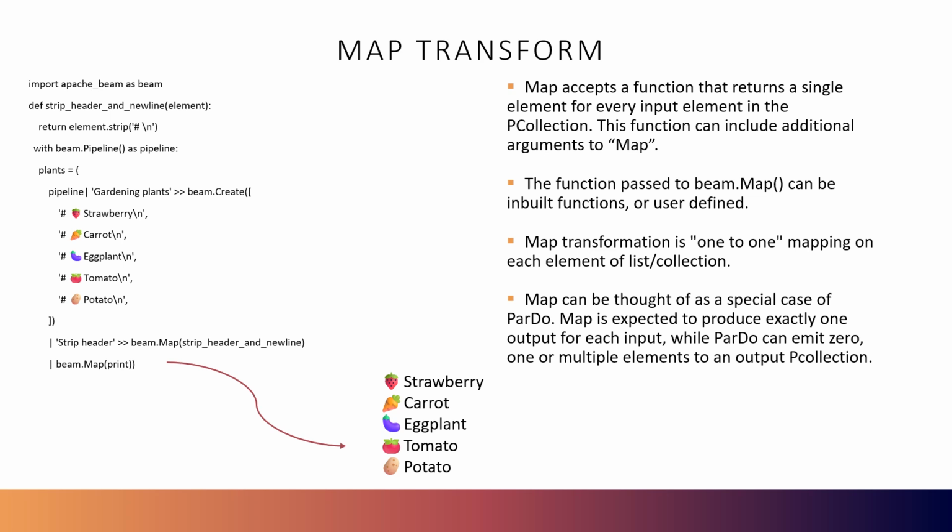In this example, we've defined our function, strip header and new line, that accepts one argument. We're applying the inbuilt strip function to our element and passing in the additional argument to strip the element of any pound signs, blank spaces, and new lines. The arrow points to what the resulting output would be.